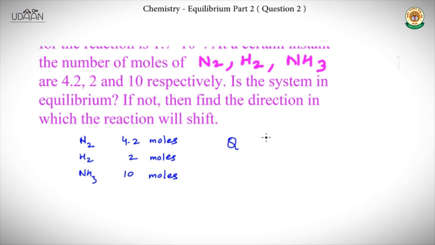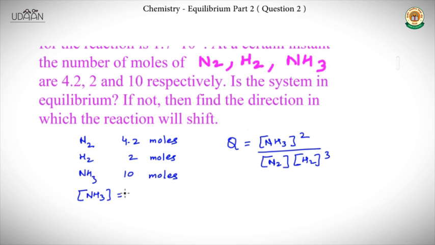Okay. So we'll calculate Q, which is given by this expression for the particular reaction here. For this, we'll first calculate the concentrations. For ammonia, it's given that the number of moles are 10 and the volume is 20, so the concentration is 0.5.